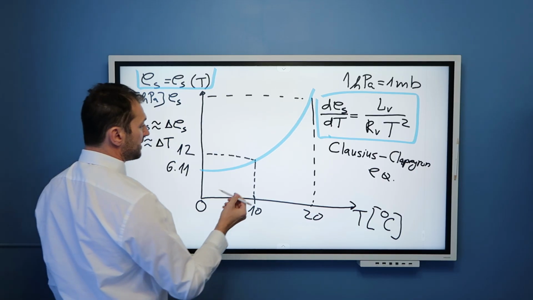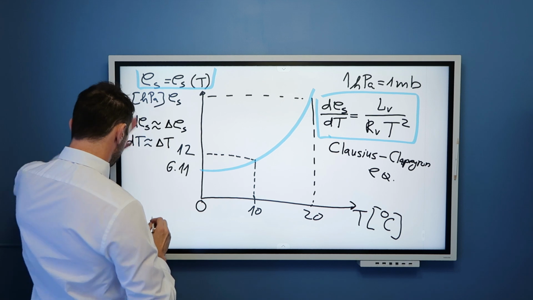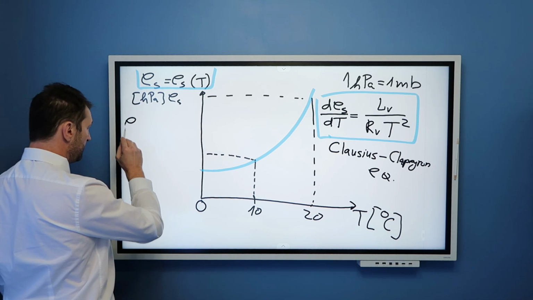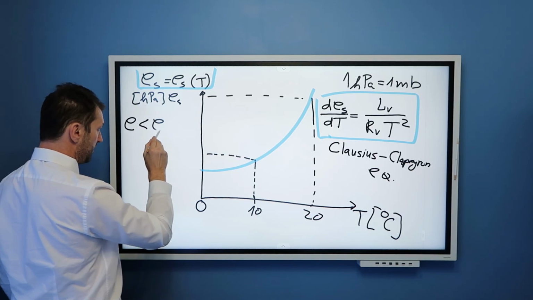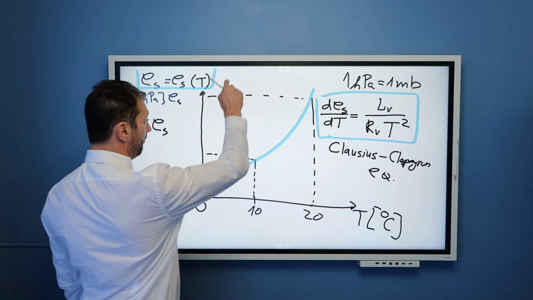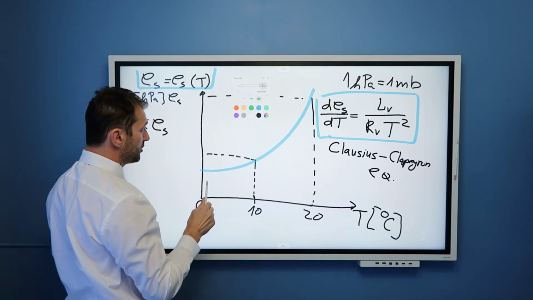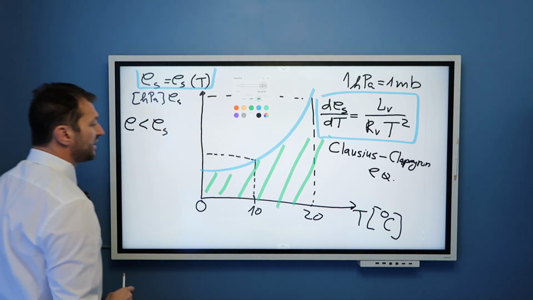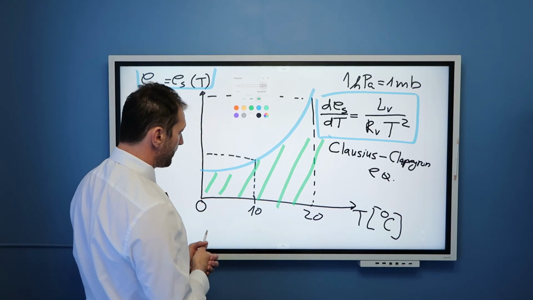One regime is if the partial pressure of water vapor, let me write it here, is smaller than the saturation pressure of water vapor, and that would be in this region over here. Over here, we would say that we have an unsaturated atmosphere or environment.